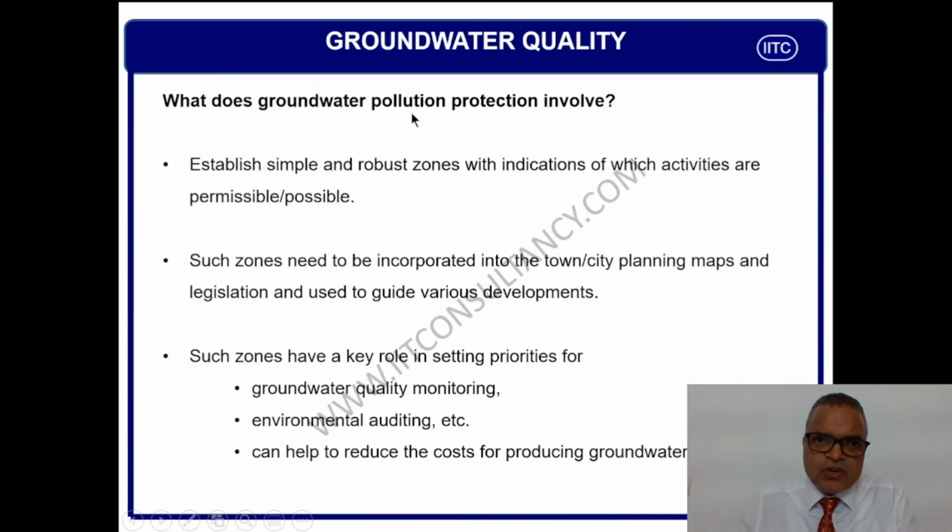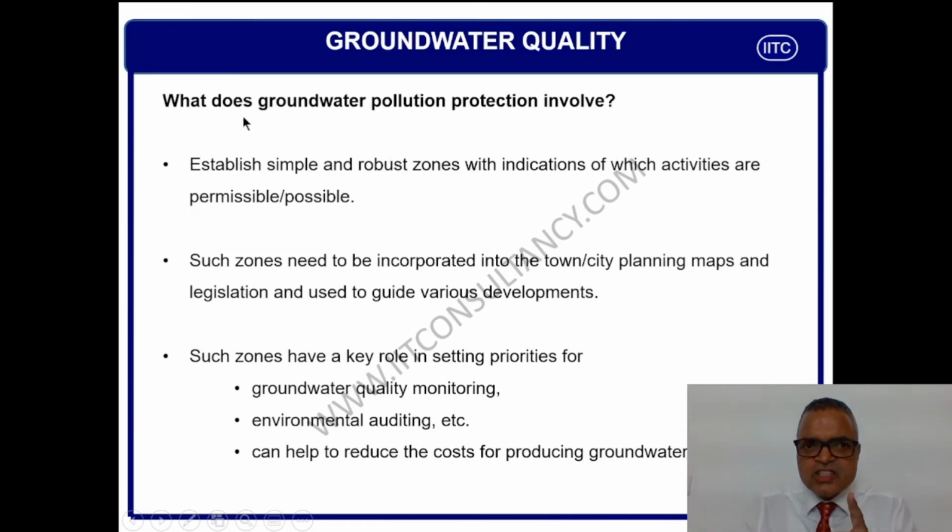What does groundwater pollution protection involve? Establish simple and robust zones with indications of which activities are permissible and possible. This is one of the activities on how to protect groundwater pollution. Second, such zones need to be incorporated into the town and city planning map and legislation and used to guide various developments.